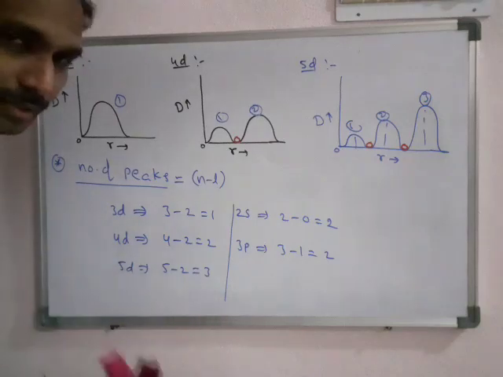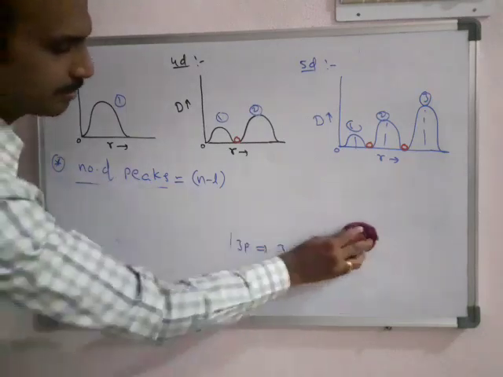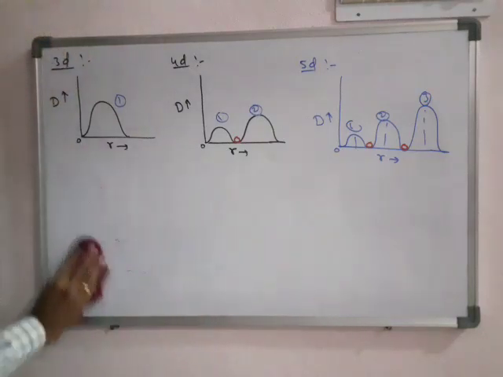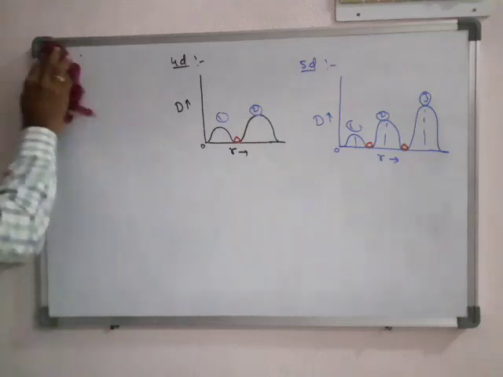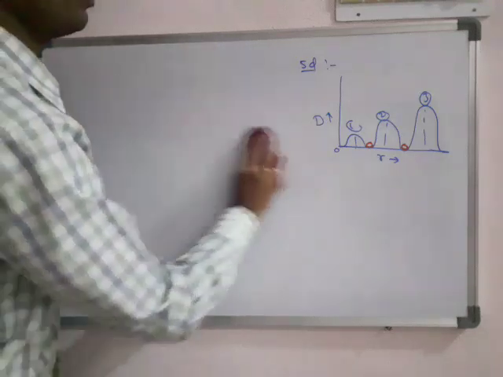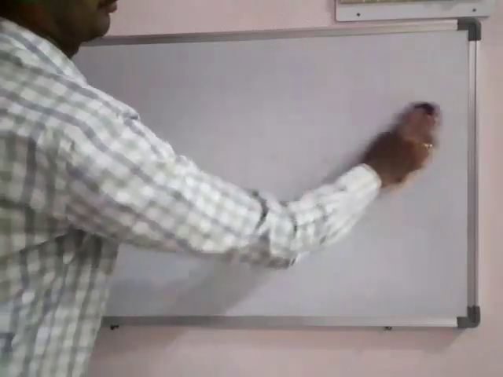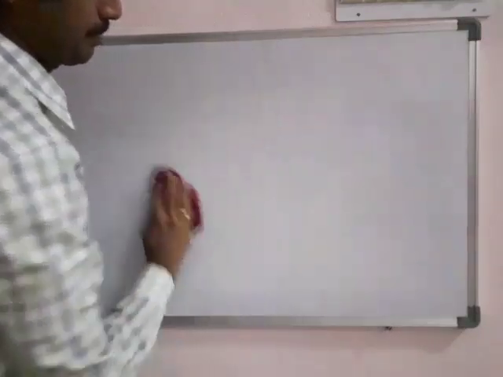We have some other concept, another formula we can say. Now we read the total main points.